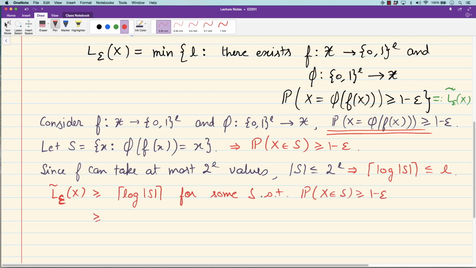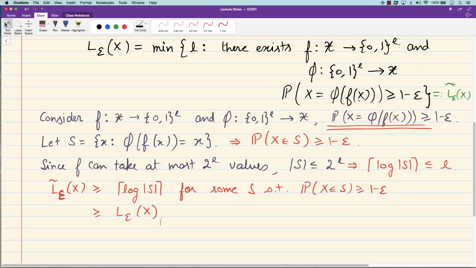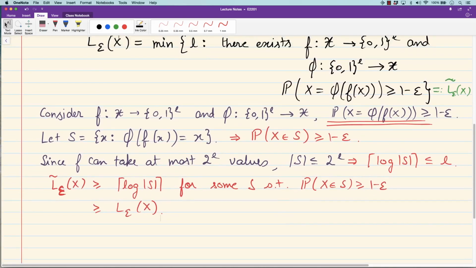But this is some S, so the minimum S can only be smaller, so this is then greater than L epsilon x. So we have shown one side, that this guy exceeds this guy. Now we have to show the other side, that this guy also exceeds this guy.